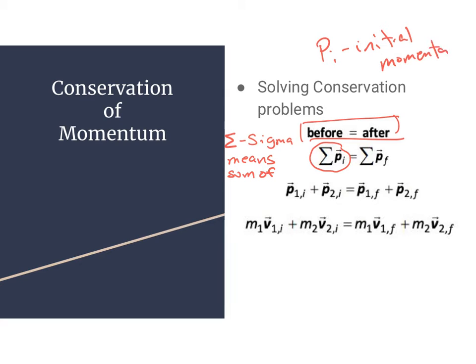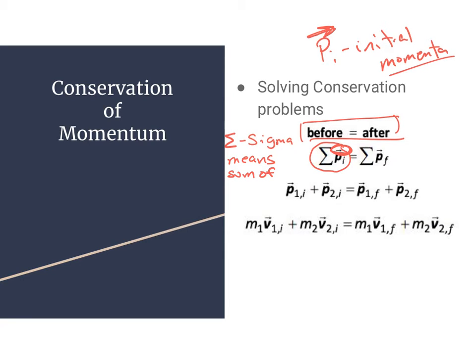So this is our initial momenta. And we say that in the plural because it could be 1, 2, 3, 4, 5, 6, or 100 different objects. And we have to add all the individual momentums of all of those individual objects all together, but not just adding a bunch of numbers. We have to keep in mind that the momentums are vectors, and so we have to add them as vectors.